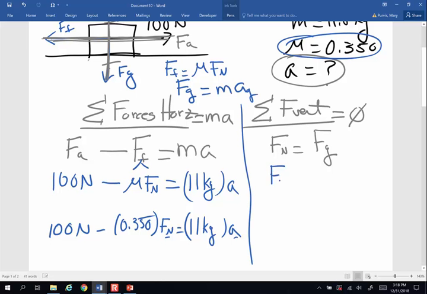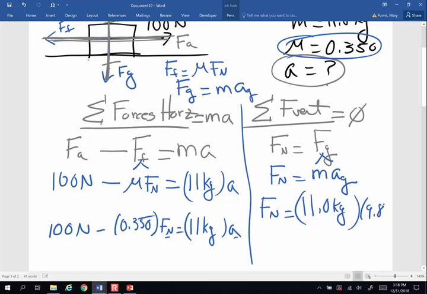So I am going to replace force of gravity with mass times acceleration of gravity. What is my mass? Well, my mass is 11 kilograms. What's the acceleration of gravity? My good old friend, 9.8 meters per second squared. So I'm going to pick up my calculator right here. You don't have to, but I'm going to multiply those two out, and I ended up with 108 newtons.